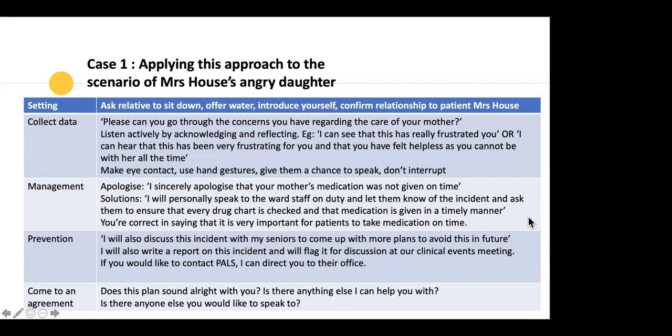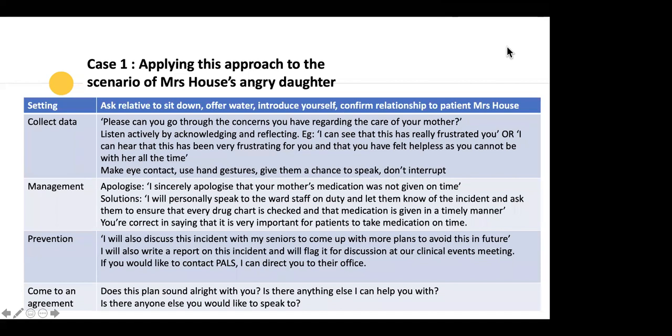Like you said, I'll personally speak to the ward staff on duty and let them know of the incident, and also ask them to ensure that every drug chart is checked and that the medication is given in a timely manner. It's also important to validate what they've said. For example, if I had said, isn't it important for every patient to get their medication on time? You could say something like, you're correct in saying that it's very important, and it does impact on your mother's management.